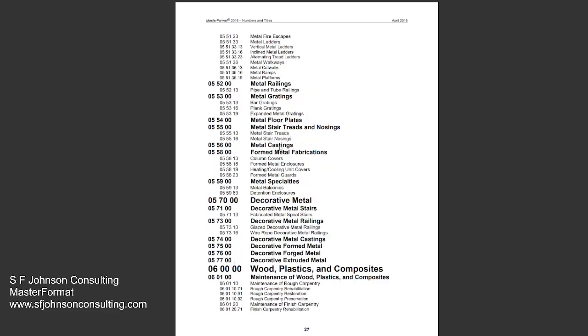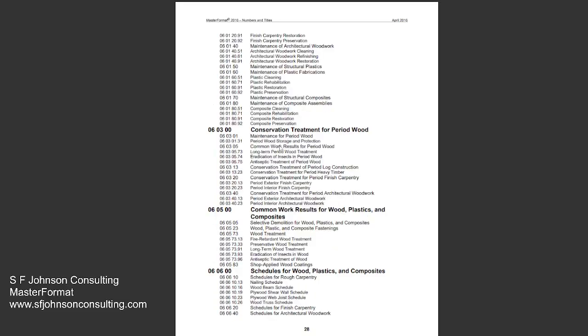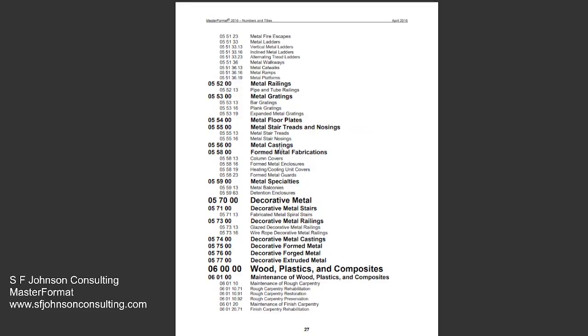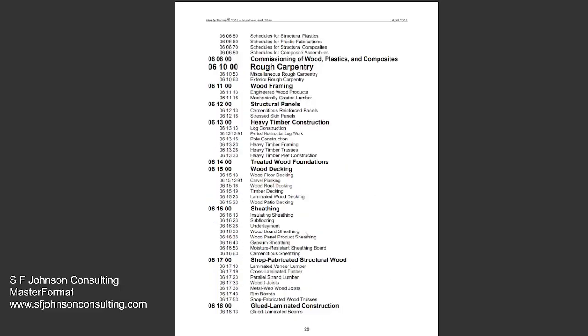And then you have to look in the wood division if you are doing wood framing. So everything, absolutely everything, so 05 and 06. 05, 00, 00 is metal. 06, 00, 00 is wood, plastics, and composites. And so you go through there.